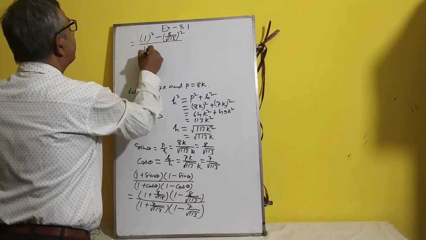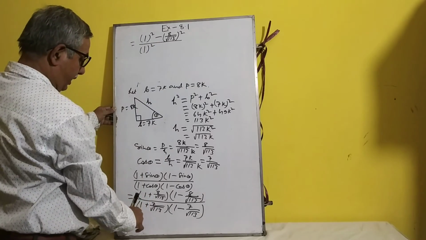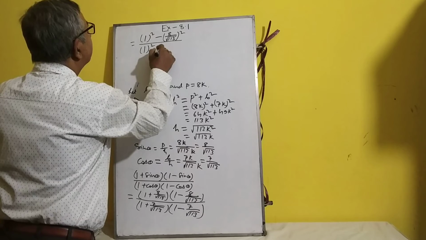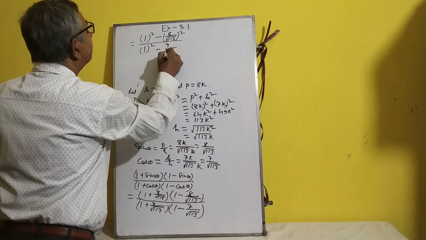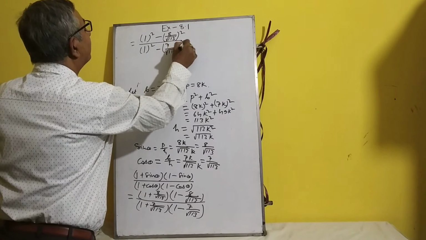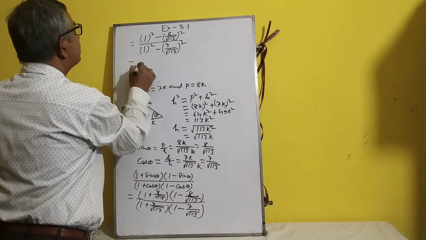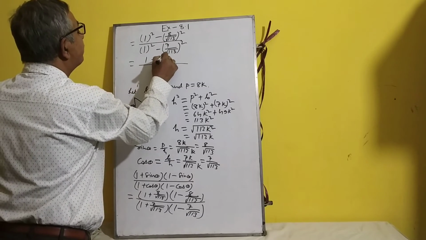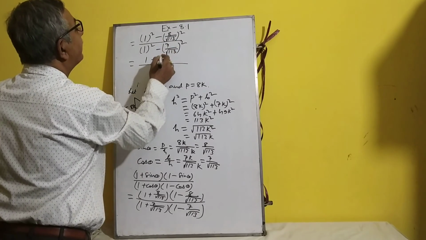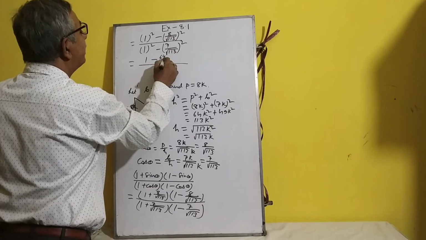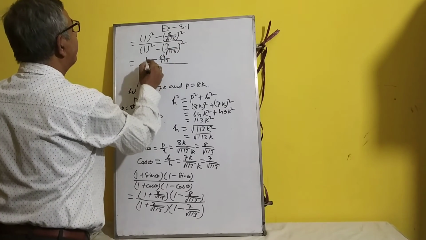And here also a plus b, a minus b, so a square minus b square. You see here what you are getting: 1 square is 1, 8 square is 64, and the square of root under 113 means 113 only, root will go.